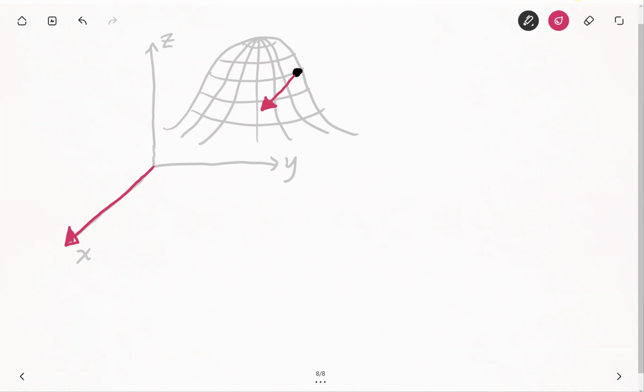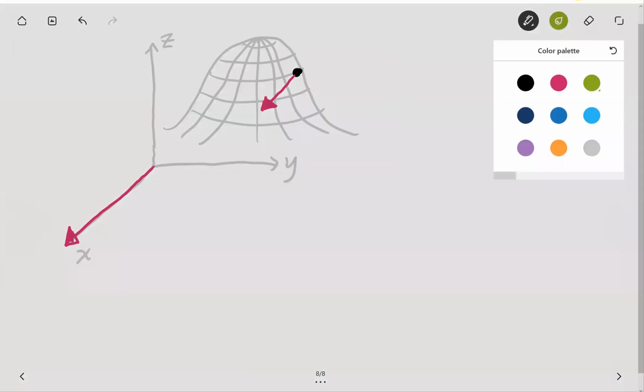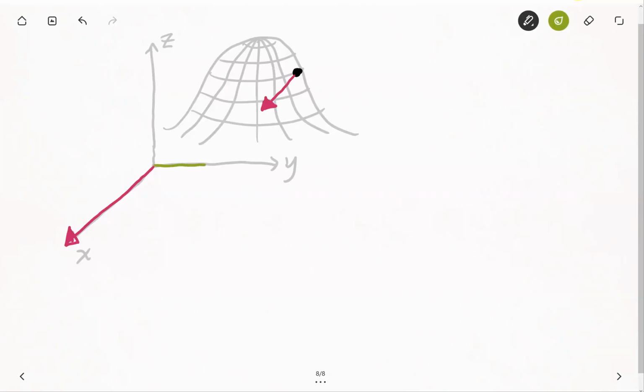There's our first slope vector, which involves dz dx. Then let's consider the y direction. Say we calculate another slope vector going in this direction. What we're going to do is calculate the cross product of these 2 vectors. And so this vector n is going to be perpendicular to both of these vectors.